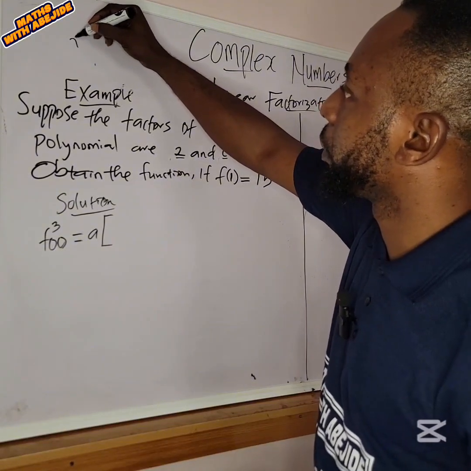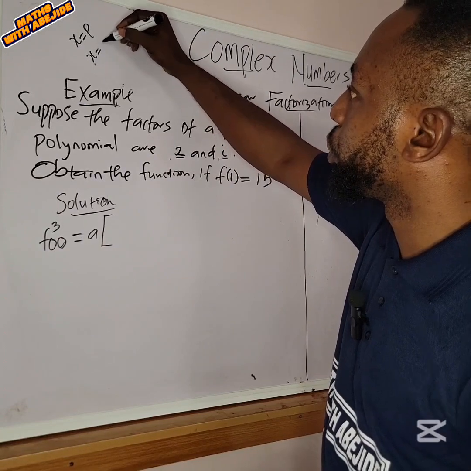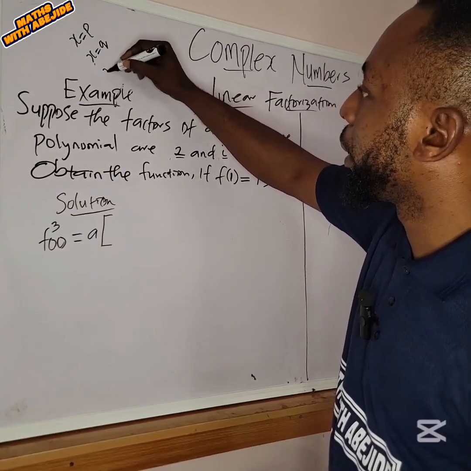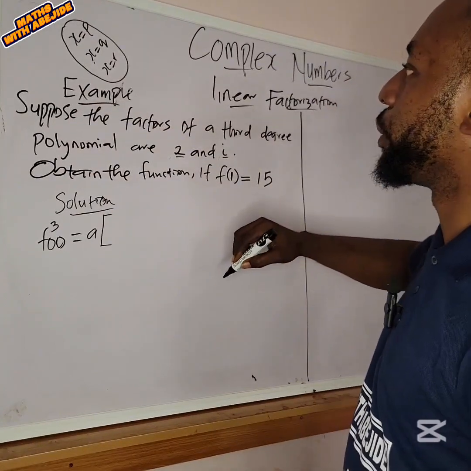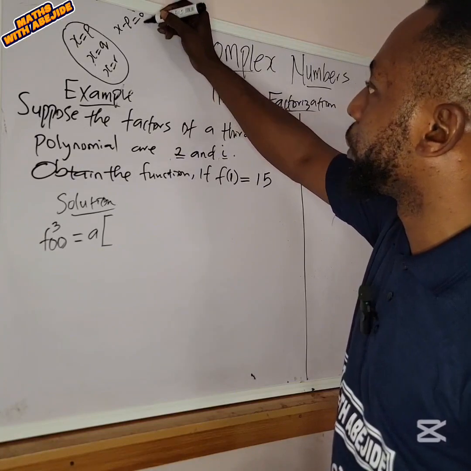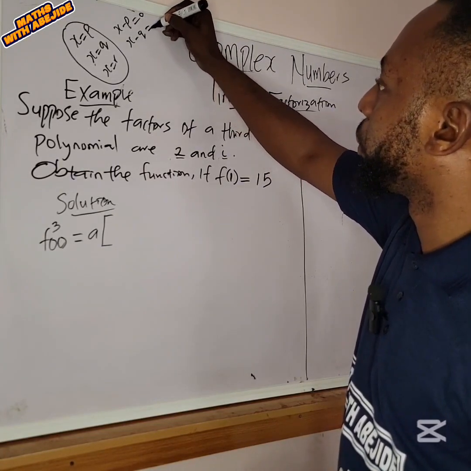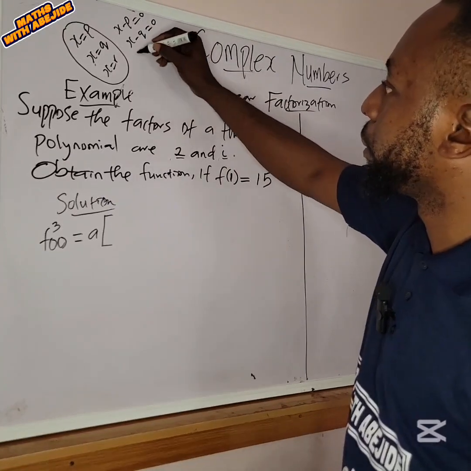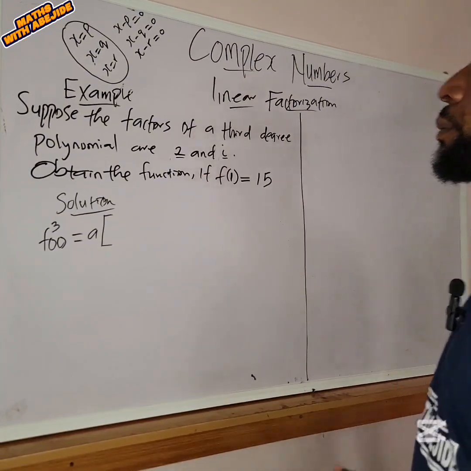Let's say the first factor is x equal to p, then x equal to q, and then x equal to r. All these are factors. Now we need zeros, so x minus p equal to 0, the first one, then x minus q equal to 0, another one, then x minus r equal to another 0.